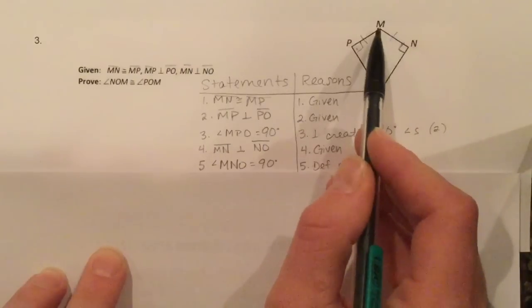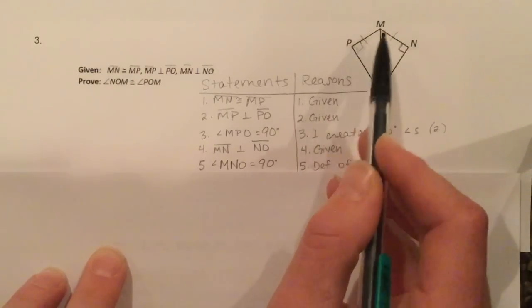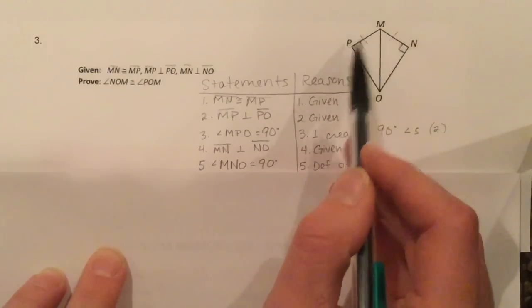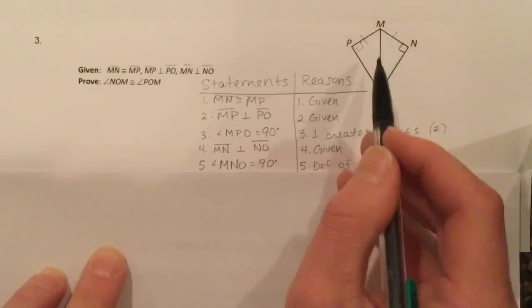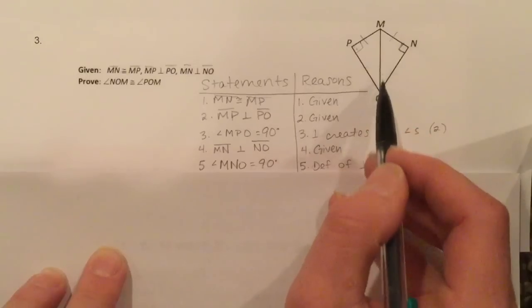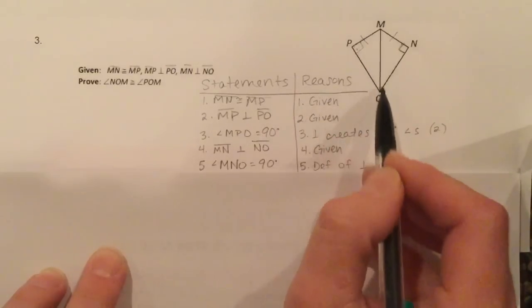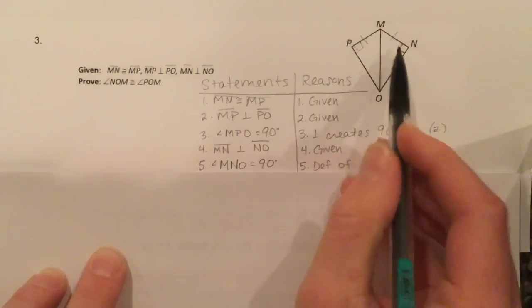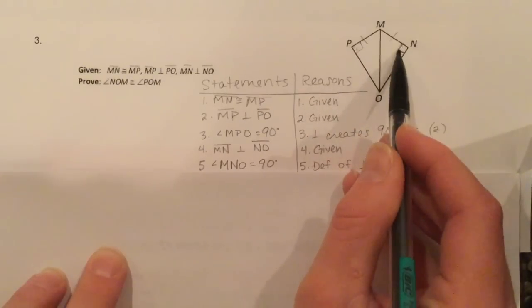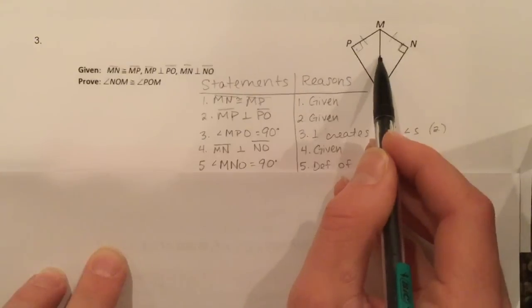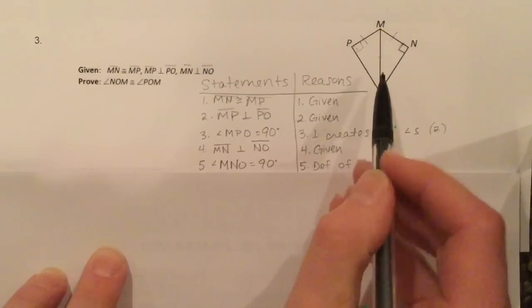MN and MP are congruent legs in my two right triangles. The hypotenuse would be this segment MO, the side that's across from the right angle. So MO would be my hypotenuse in both of them.